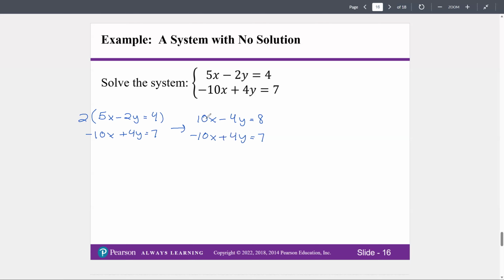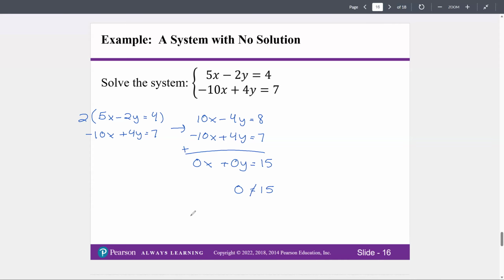So what we're going to see here is, well, this is not what we intended. We intended to make the y's disappear, but we see that the x's disappear and the y's disappear. So we will have 0x + 0y = 15, which means 0 = 15, which we know cannot happen.